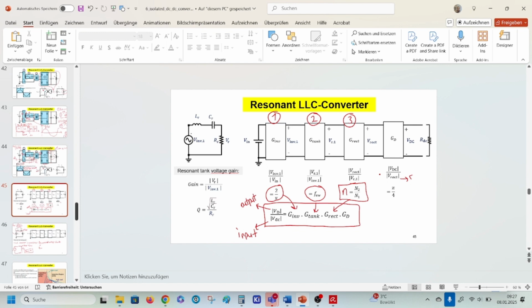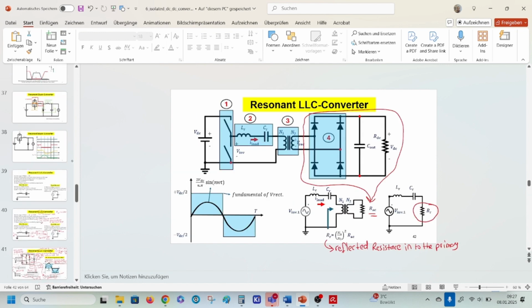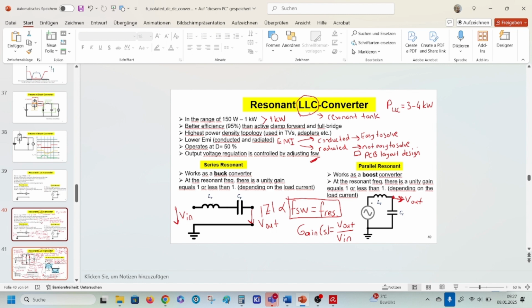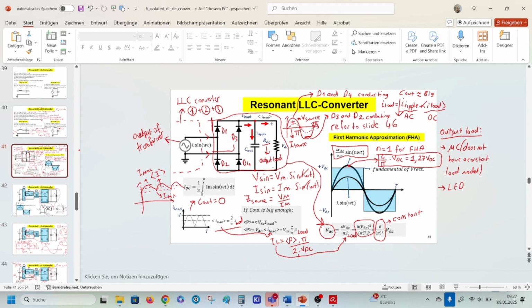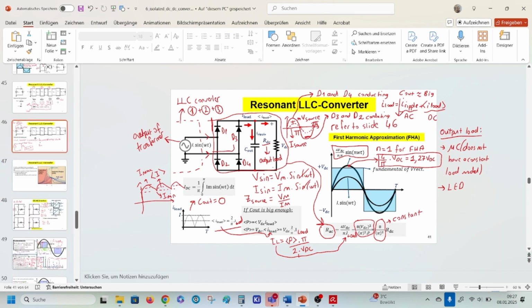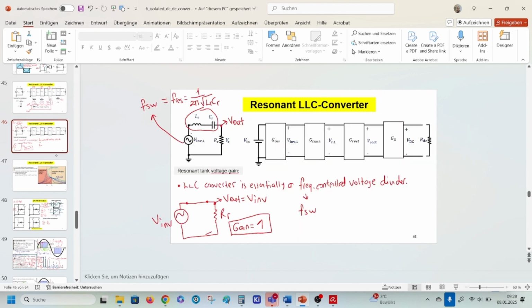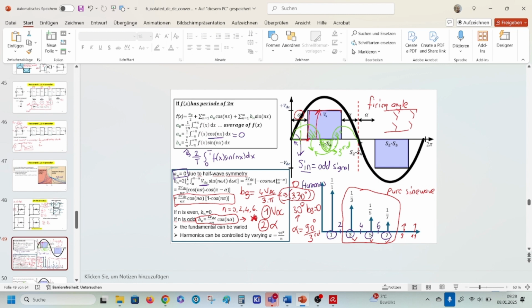We know that we refer to slide 46. In this case, yeah, we made a mistake. Let's just use our slide 49.